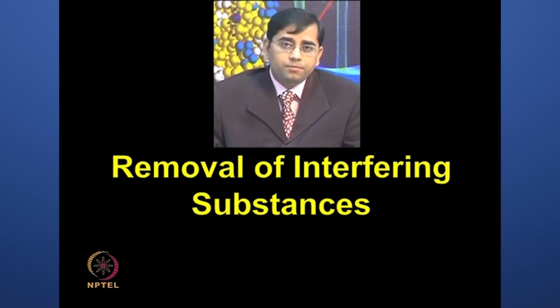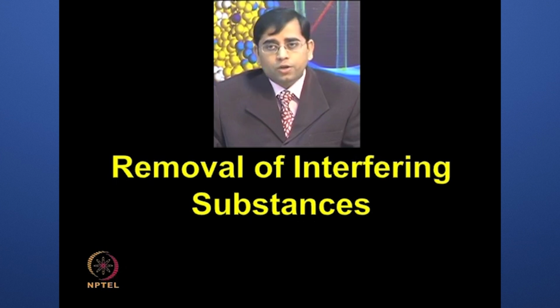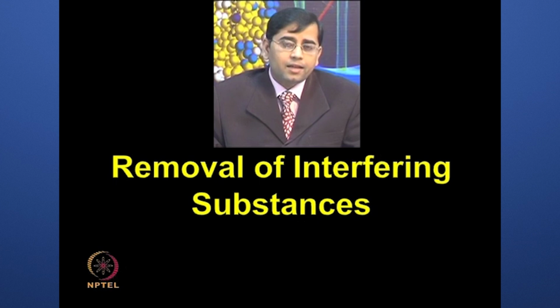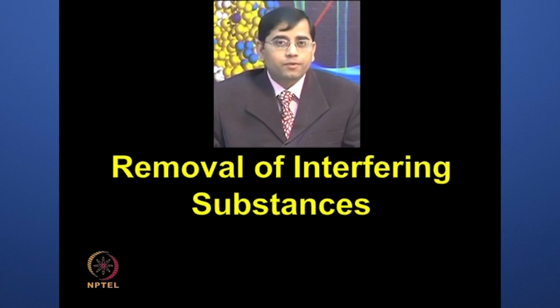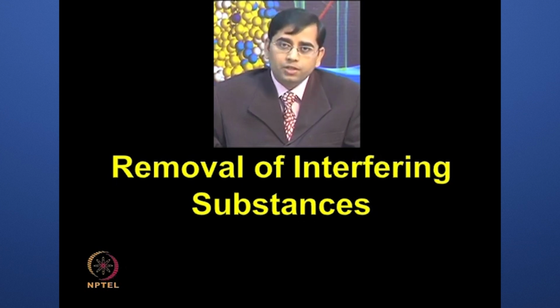In all of these methods, different types of interfering substances will be very detrimental. So, let us talk about what these different types of interfering substances are and how we can get rid of them. It is probably not possible to completely remove these interfering substances, but if we can at least partially remove them, that will ensure the success of your further experiment.